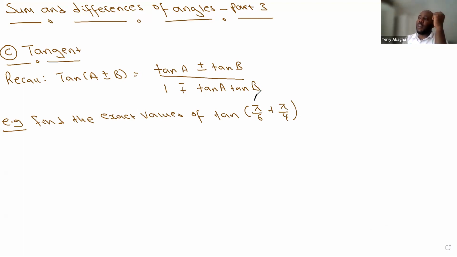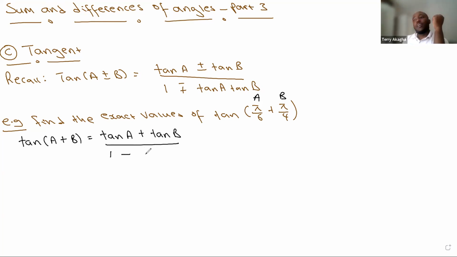So this is going to be the A and this is the B, so we now have tan of A plus B. Because this is tan of A plus B, it will be equal to tan A plus tan B over 1 minus tan A tan B.